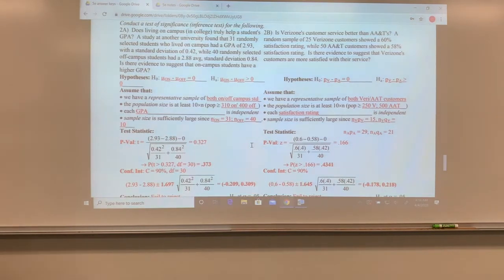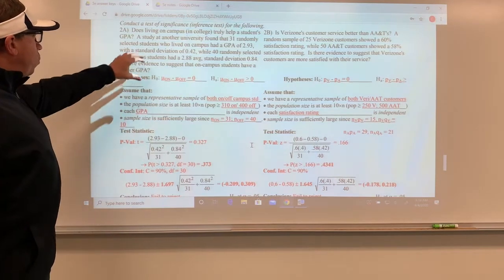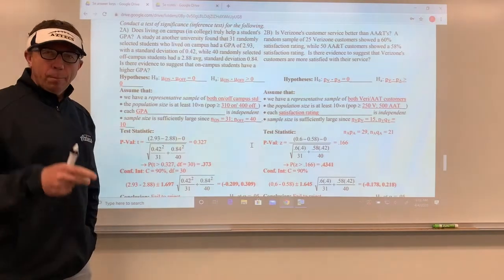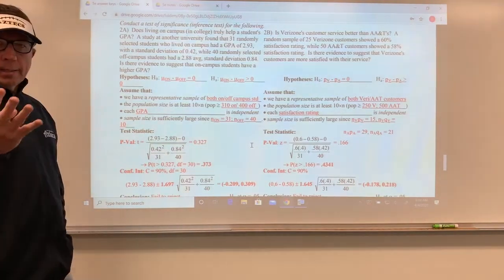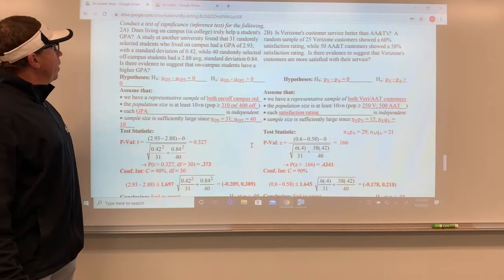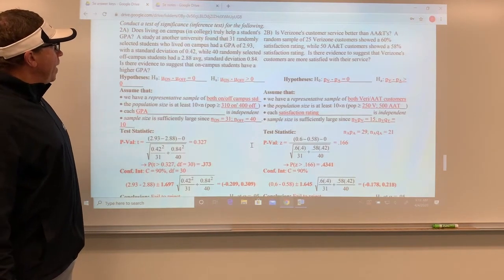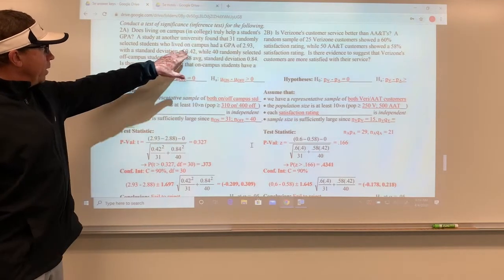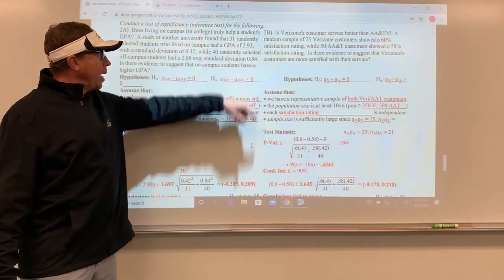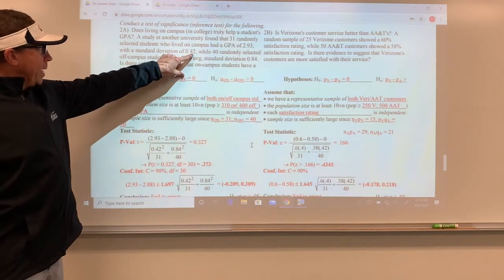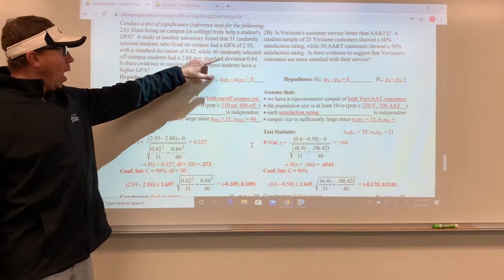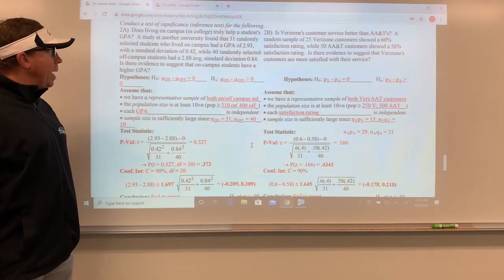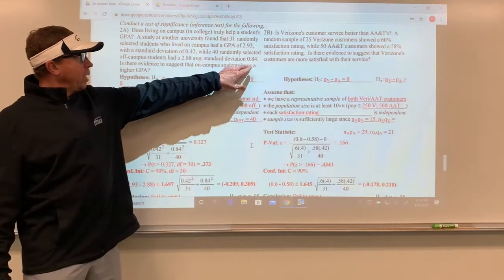Okay, let's look at this. I'll reread question A here. Does living on campus in college truly help a student's GPA? There are some studies that say it does. A study at another university found that 31 randomly selected students who live on campus had a GPA of 2.93 with a standard deviation of 0.42, while 40 randomly selected off-campus students had a 2.88 average with a standard deviation of 0.84.